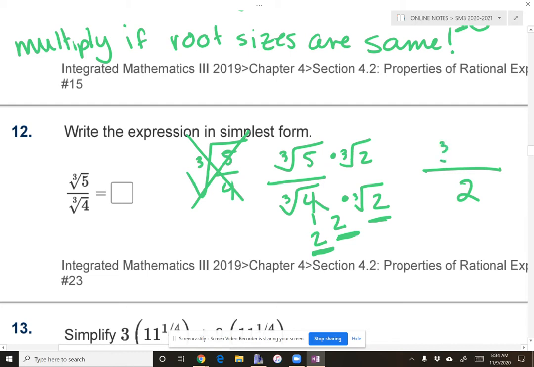And then my top becomes the cube root of 5 times 2, or 10. Okay, and remember, we can't simplify anything on the inside with anything on the outside. So insides with insides, outsides with outsides. And we have nothing left on the inside on the bottom of this fraction. So that's as far as we can go.